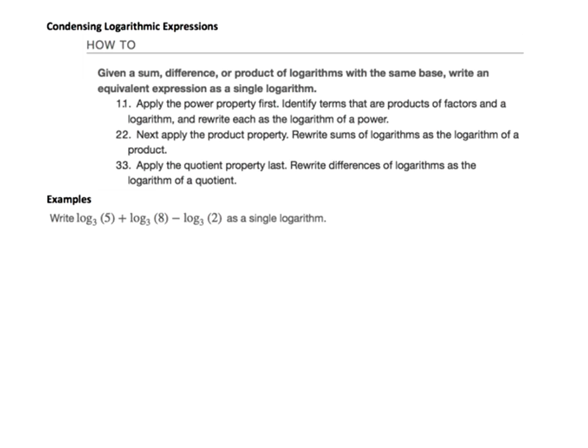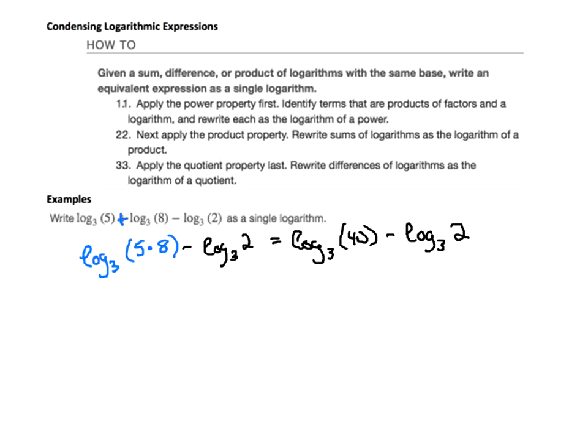Okay, so we can also work backwards and start out with an expanded logarithm and condense it back down to a single logarithm. So the first thing I'm going to take care of is this addition right here. So I'm just going to turn that back into multiplication. So that's the same thing as log base 3 of 5 times 8, and then I'm subtracting log base 3 of 2. So far I have log base 3 of 40 minus log base 3 of 2.